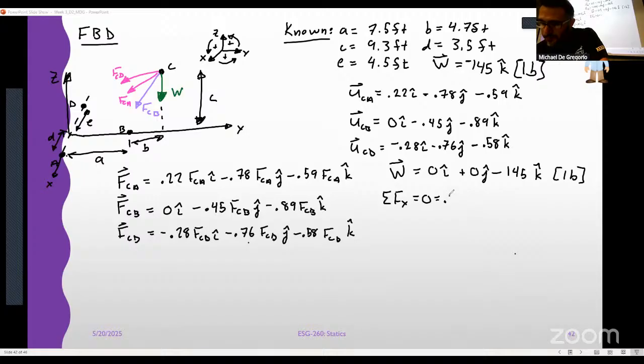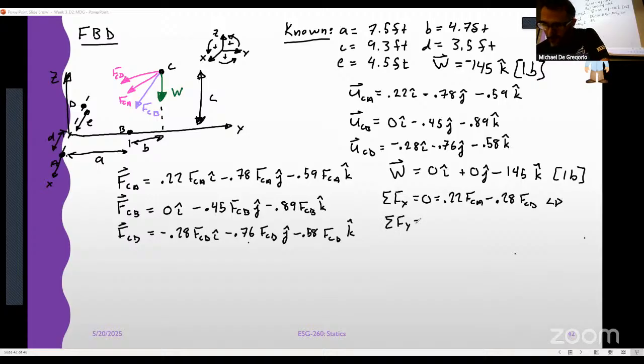So that's 0.22 FCA minus 0, or plus 0, whatever you want to say, minus 0.28 FCD. That's equation 1, right?